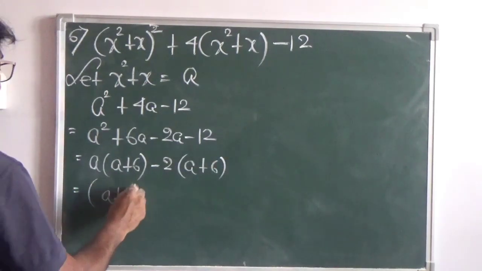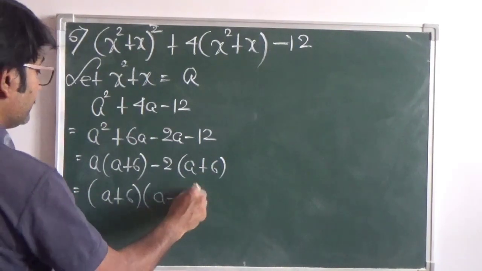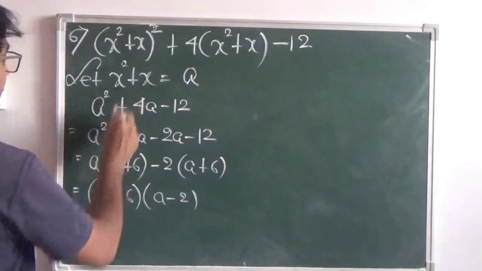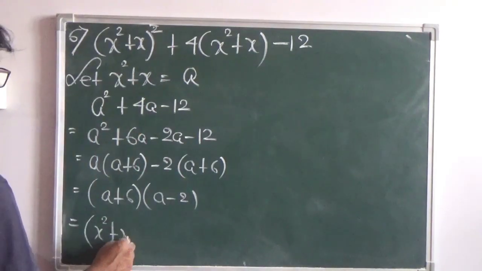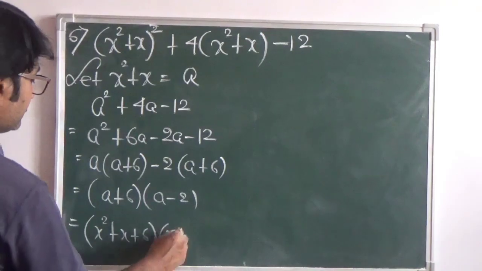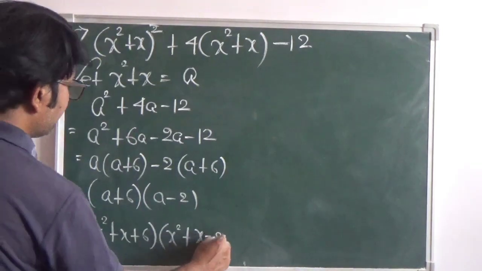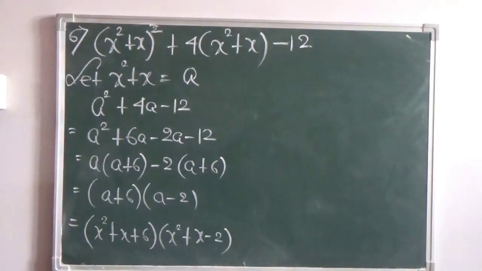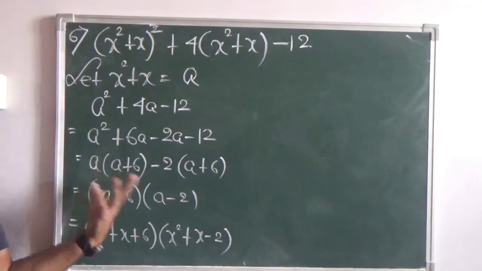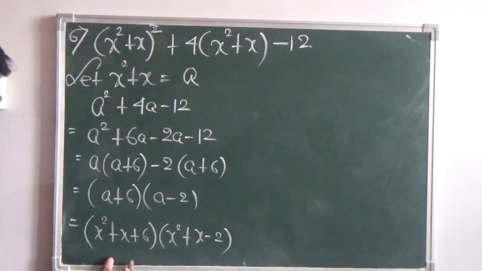So it is a plus 6, a minus 2. So in place of a, you write x square plus x plus 6, x square plus x minus 2. Now we have got this. Just check b square minus 4ac. If that is a perfect square number, then they can be factorized further, or else you have to leave the answer over here only. So check it.